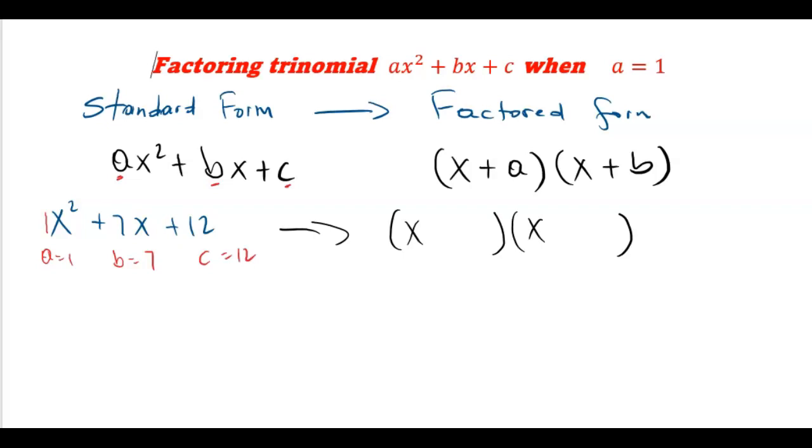Our job is to figure out what we're going to put in each of them. How do we do that? We take the value of c, and we find all the factors of c that add up to b.